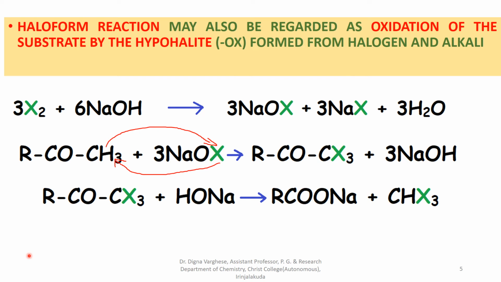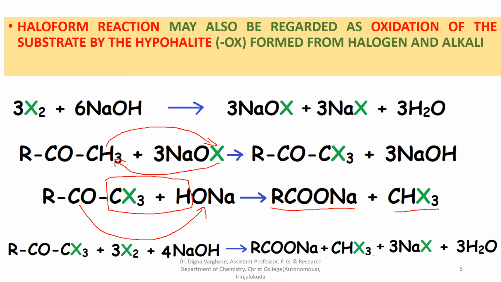Here you can see the reaction is in such a way that the CH3 with hydrogen forms a compound haloform, that is CHX3, and RCO attached to this part forms sodium carboxylate. The net reaction is that here you can see the three halogen atoms, and here sodium hydroxide, but here 3 sodium hydroxide.